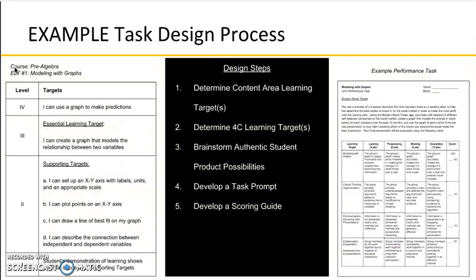And then I used the other aspects of the proficiency scale to determine what would it mean for students to not meet or partially meet or exceed a particular standard. And again, I used similar proficiency scales for each of the 4 C's so that I could determine what it would mean to be meeting the standard on level for critical thinking, for communication and collaboration, and I built a scoring guide from there.